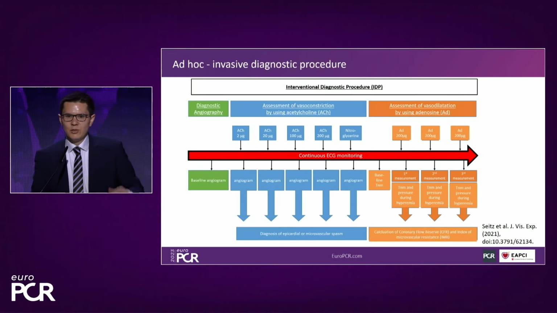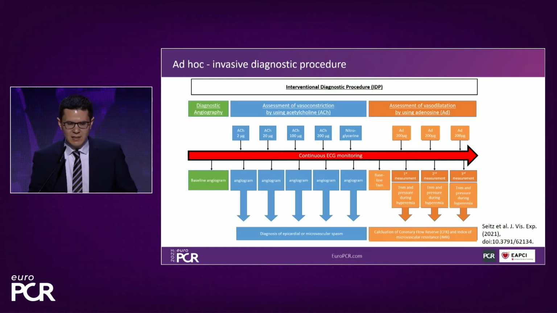I think it's very important that the cardiologist decided to go for invasive angiography because there was a suspicion for epicardial disease or microvascular disease. And if you don't find any relevant epicardial stenosis, then you should go for these additional investigations.